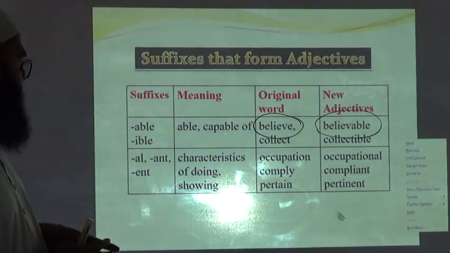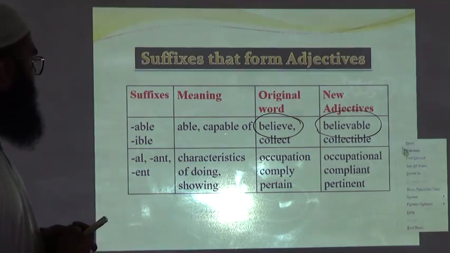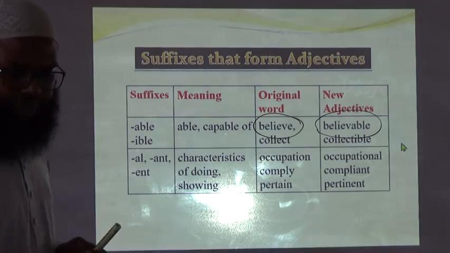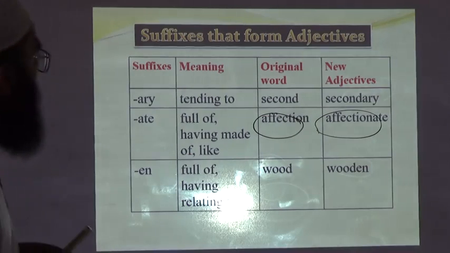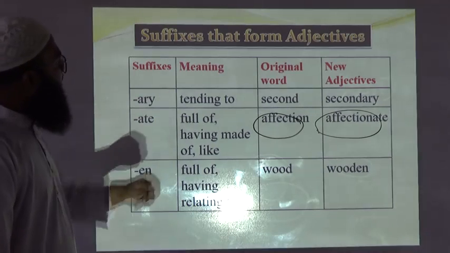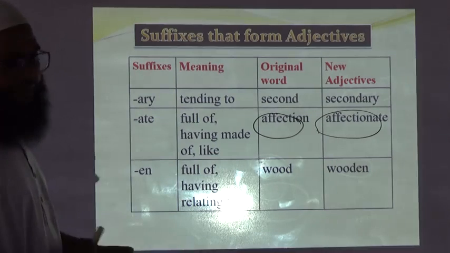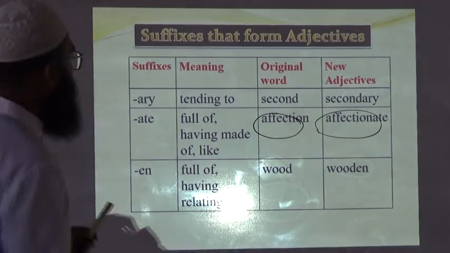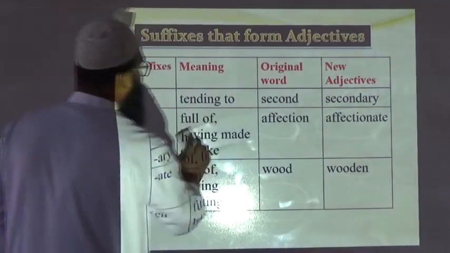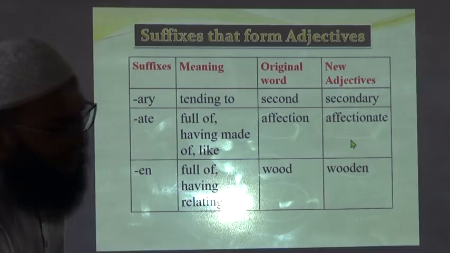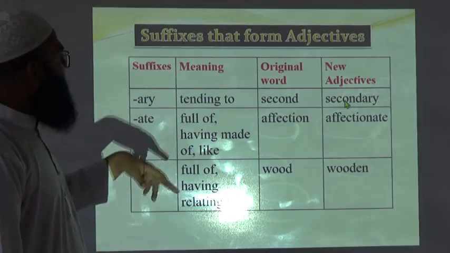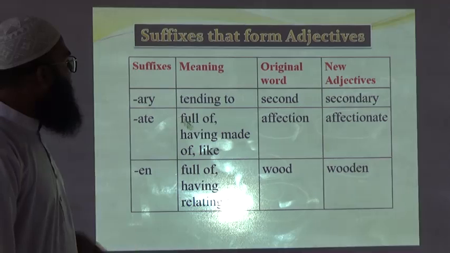Pertinent means belonging to something. Pertinent means having the belonging. Next, ARY, that means tending to, the trend or interest of doing something. Second to secondary. ATE, full of, having, made of.